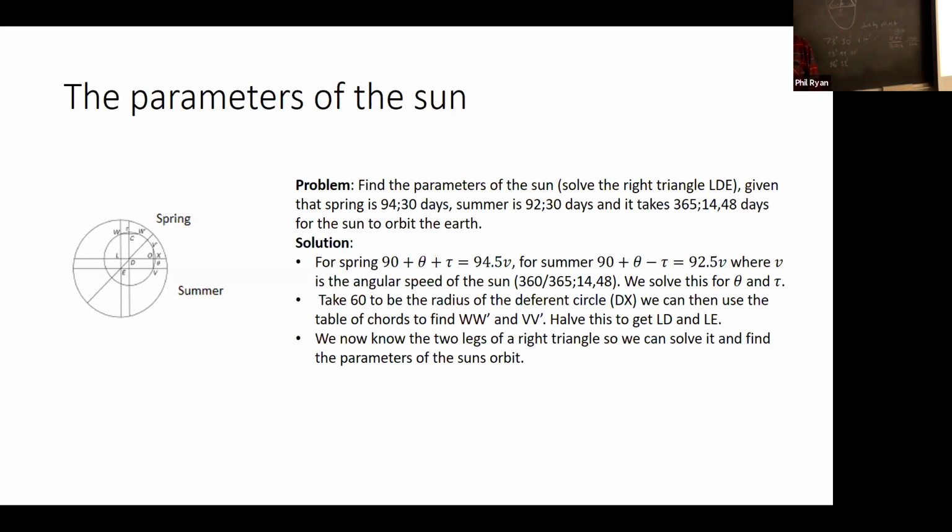So you know two legs of a right triangle, and so you can go ahead and solve that, and you can get all the parameters. Okay, so just by making these sort of solar observations, you can come up with a model for the solar system. And so, for example, you can figure out the eccentricity, which is going to be that distance ED divided by 60.